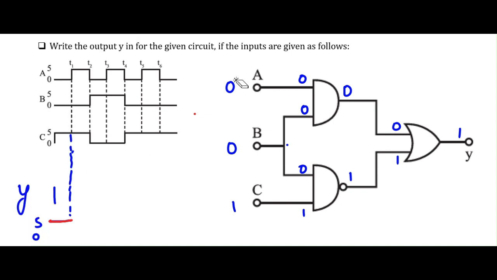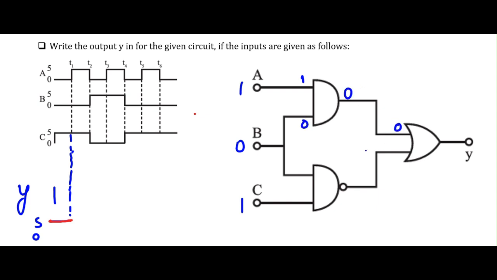Let's continue for the second time interval. So in the second time interval, from T1 to T2, A is 1, B is 0 and C is 1. So 1 0 will result in 0 here.